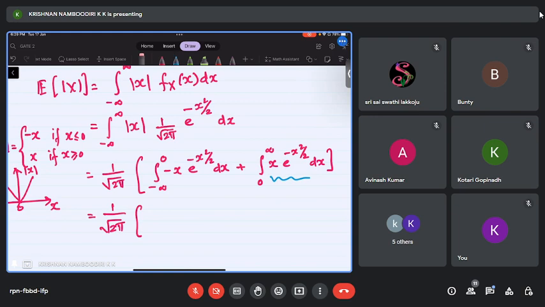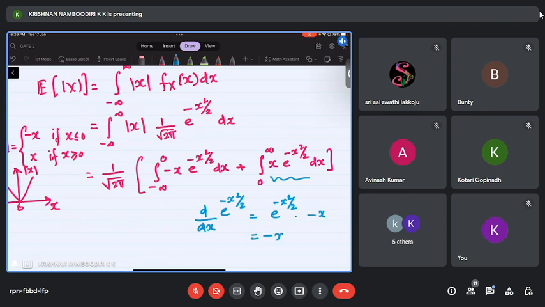So we can use a simple trick here. You see this d by dx, or the differential of e power minus x square by 2. What is this? If you use the chain rule, we will get e power minus x square by 2 into minus x, right?